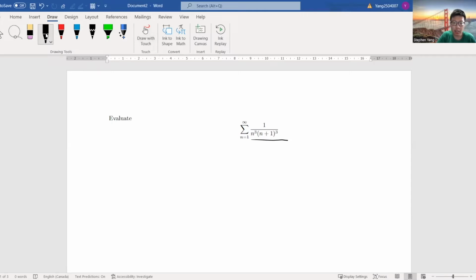First, notice that 1 over n cubed times (n plus 1) cubed is equal to 1 over n cubed times (n plus 1) cubed, which we can write as the cube of 1 over n times (n plus 1).